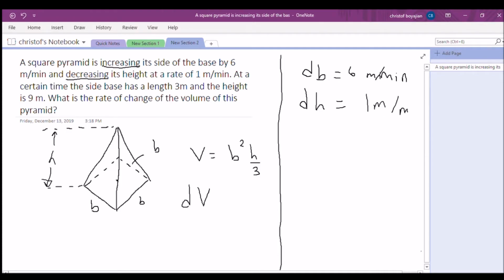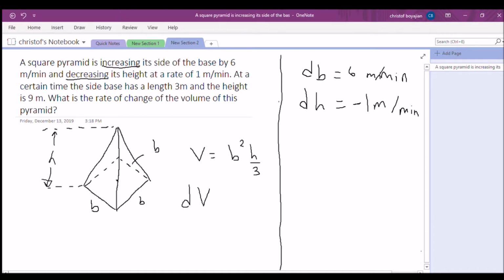Now keep in mind, when the statement says that something is decreasing at a rate, it's a negative value. Because our height is decreasing every minute, the height is actually going down in its value. So that's why we have the negative here in front.